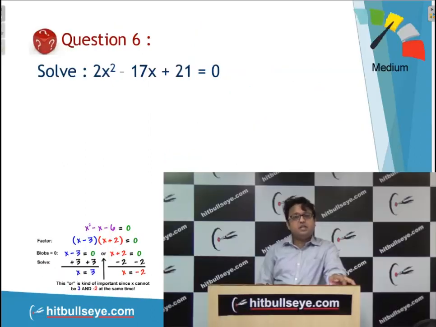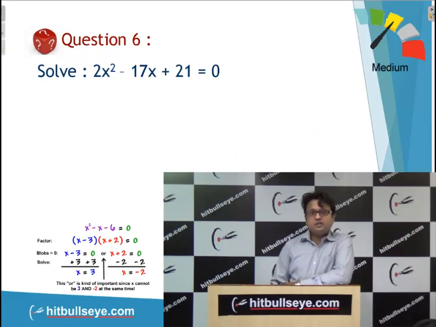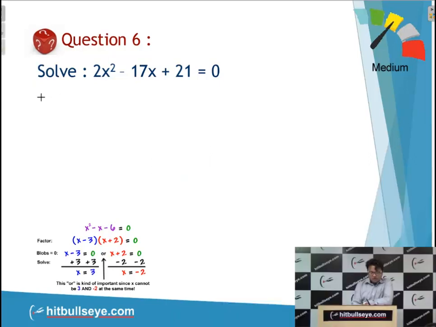Now let us take one example to understand these methods. The example says 2x square minus 17x plus 21 is equal to 0. Here I need to see, could I break 17 in two such numbers of the multiplication of 2 and 21. So if I could make the factors of 2 and 21, the factors become 2, 3 and 7.